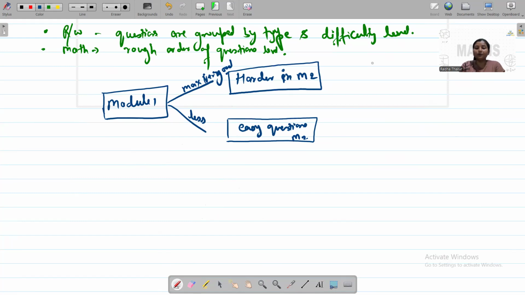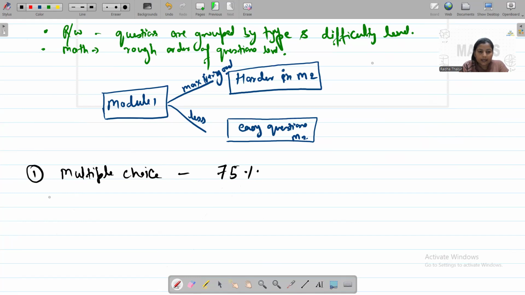Now, what type of questions may you get in your exam? In the math section, you can get multiple choice and fill-in type questions. First is multiple choice: 75% of questions you may get as multiple choice.